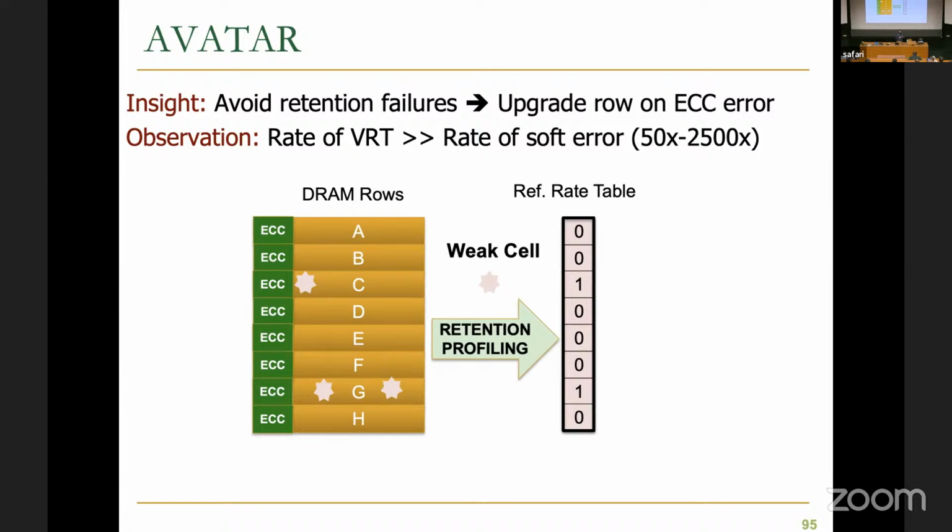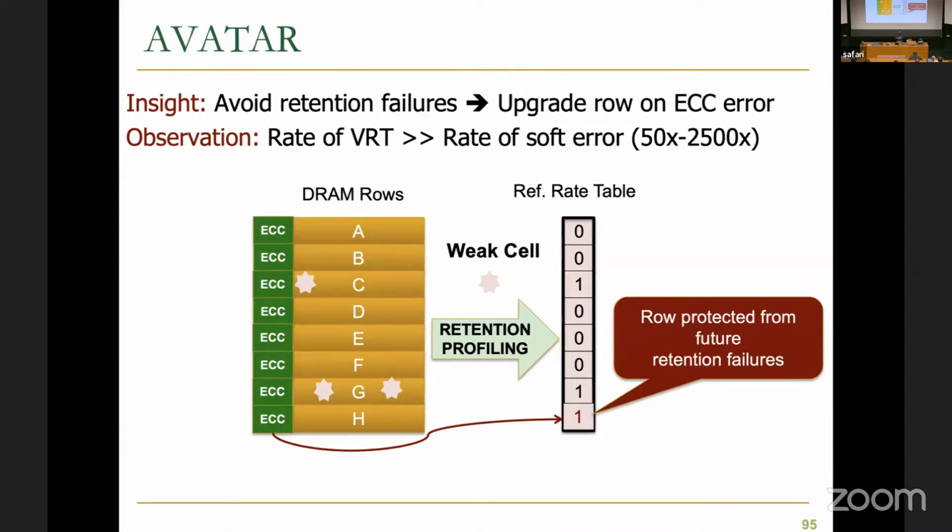So if we use ECC, it keeps correcting errors as they happen. If we observe a new error, then this can be because of VRT. ECC corrects this, of course, but we can change the state of this particular row based on this corrected error, and start refreshing this row more frequently than before. This is basically the key idea here: you protect the row from future retention failures.